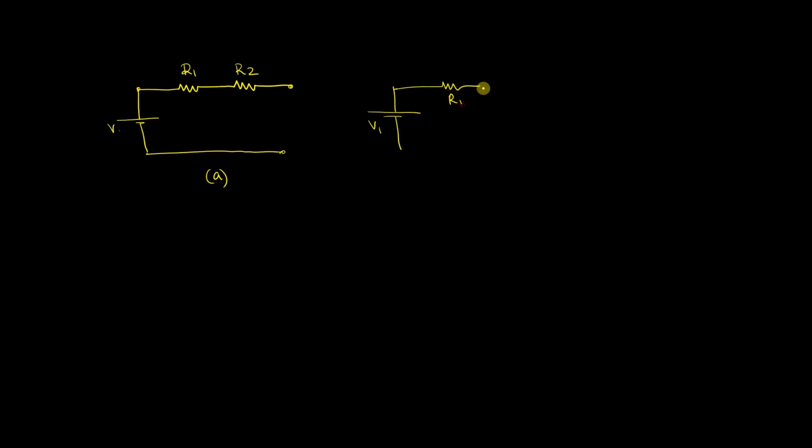First, we need to understand, because we use the terms interchangeably as network theory and sometimes circuit theory. So we need to understand what is the difference between a network and a circuit. Let me draw one simple figure A and another figure B. The resistances are R1 and R2.